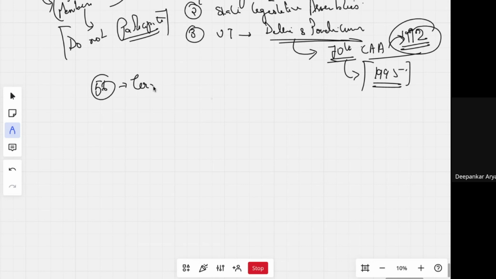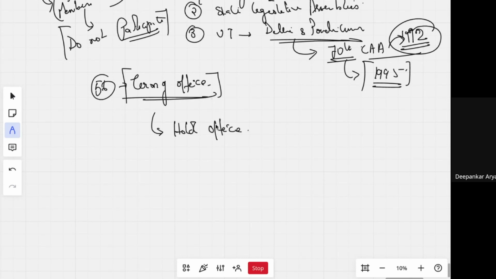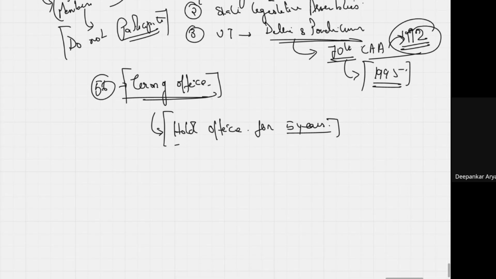Can a person be elected any number of times as President of India, or is there any regulation? Sir, any number of times. Any number of times. Why no regulation?